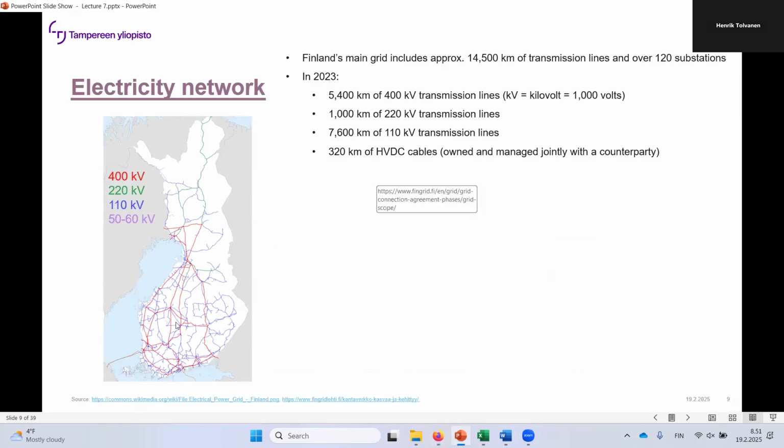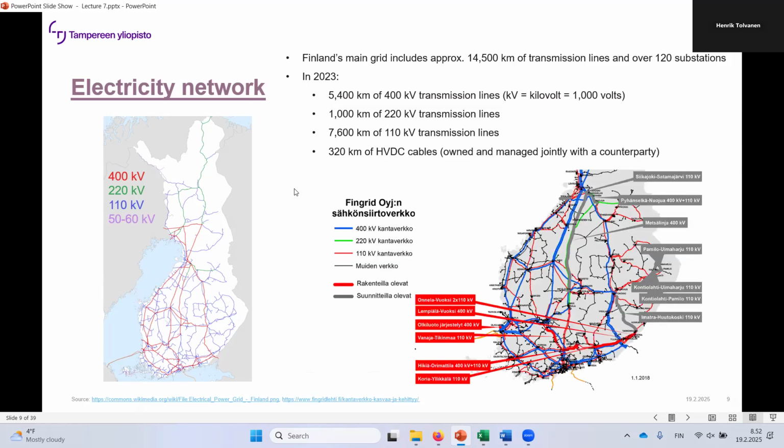So you can see the power lines in here: 400 kilovolts, 220 kilovolts, 110 kilovolts, and I guess somewhere around here there was also one at 50 to 60 kilovolts. I'm not sure what the purpose of that line is.